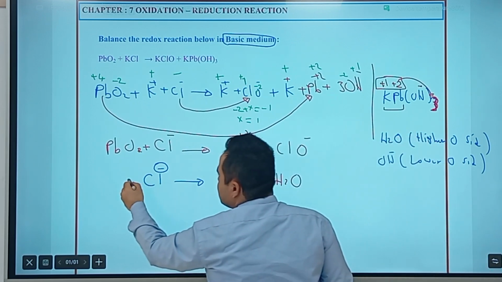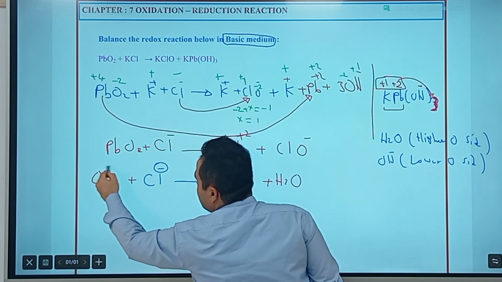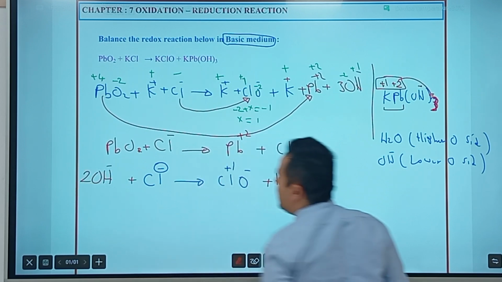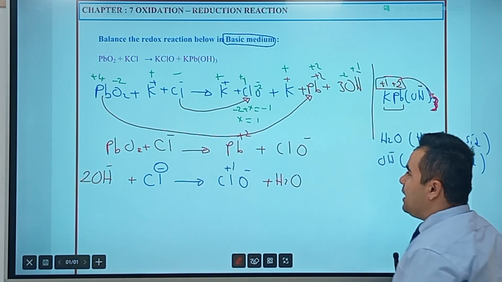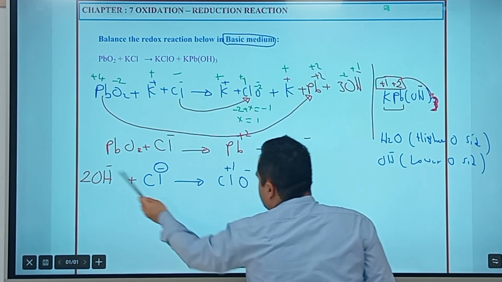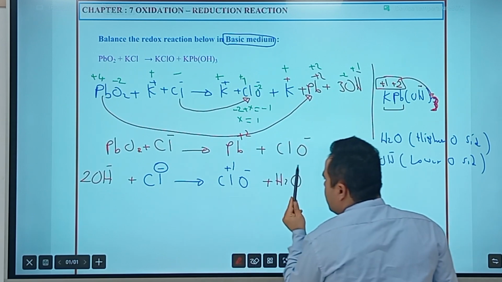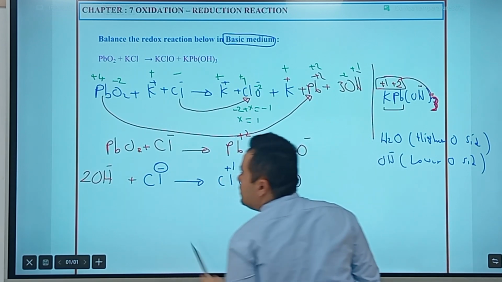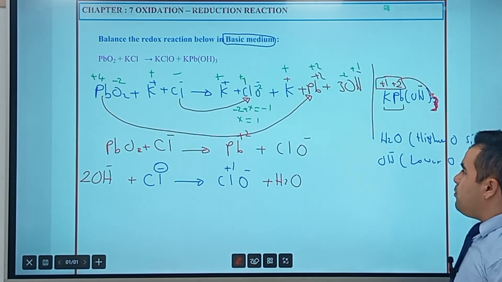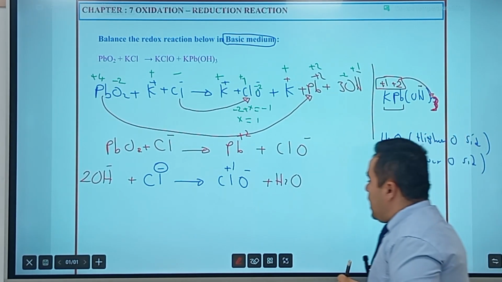Twice the added H2O. So 2 hydroxide must be added to the reactant. Let us see if it is balanced or not. How many oxygen do we have? 2, and 1, 2 in the product. Cl 1, Cl 1. 2H, 2H. This is balanced in terms of the atoms.